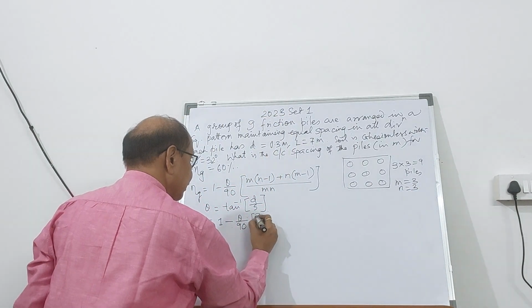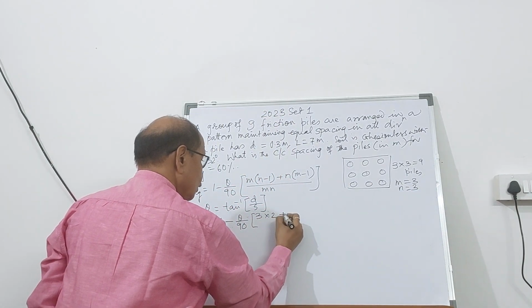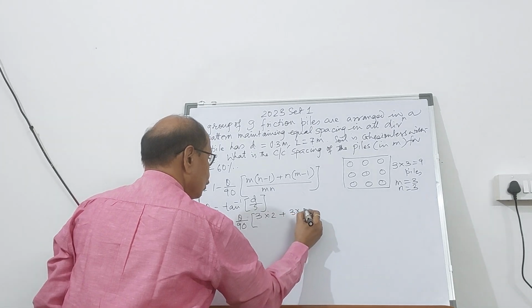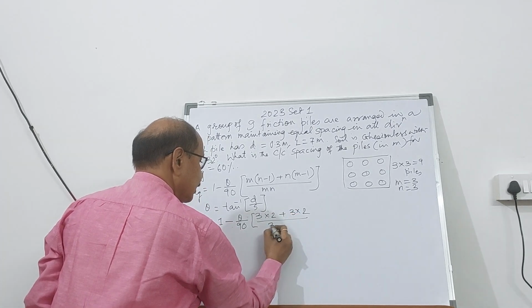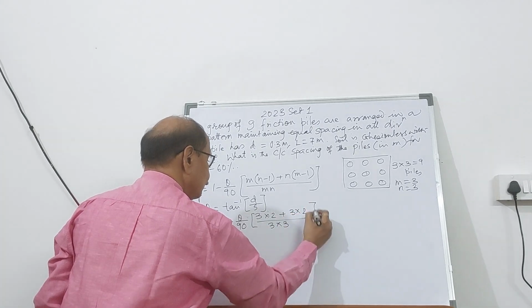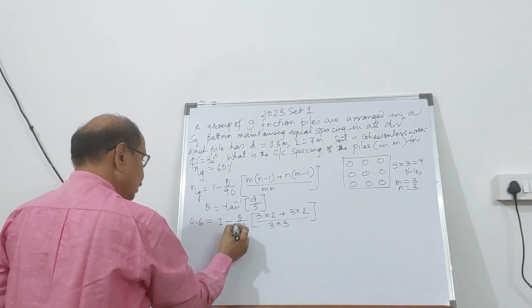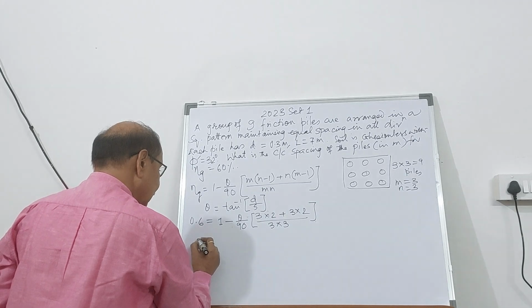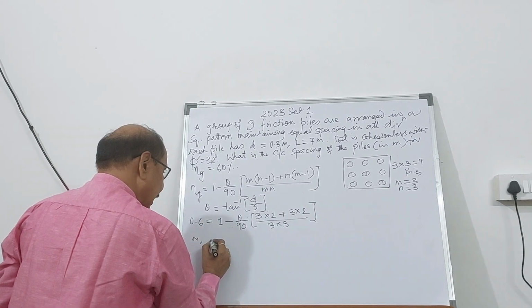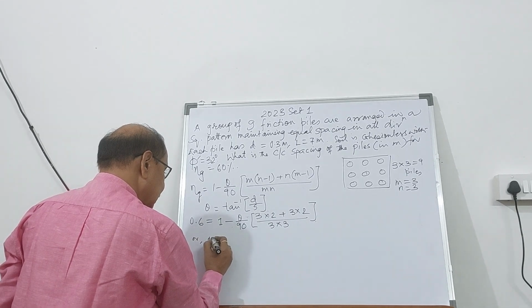So it will be 3 into 2 plus 3 into 2 divided by 3 into 3.